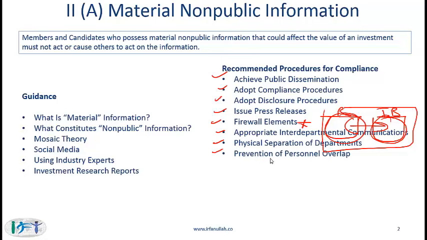Similarly, there should be no overlap of personnel, because if you have somebody who straddles both departments, the research department and the investment banking department, for example, then obviously it will be easy for non-public information to flow between these departments. A good reporting system is important. The primary objective is to establish a reporting system in which authorized people review and approve communications between departments.